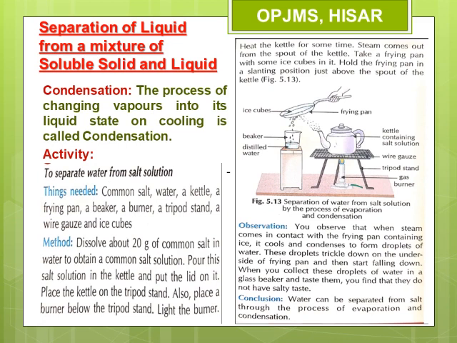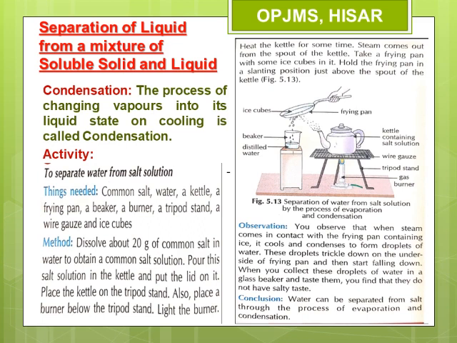For better understanding, let us perform this activity. The activity is to separate water from salt solution. In the previous slide, we studied how to separate salt from the salt solution. Now let us study how to separate water from the salt solution.